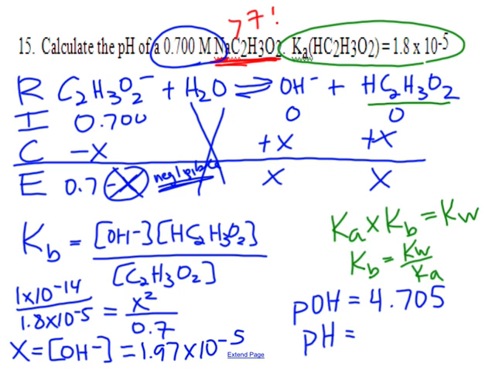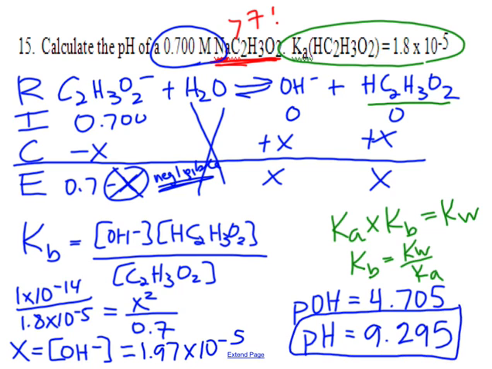All right, so that is pOH, but the problem's asking for pH, so 14 minus that is 9.295. Is that basic, like we predicted? It is.